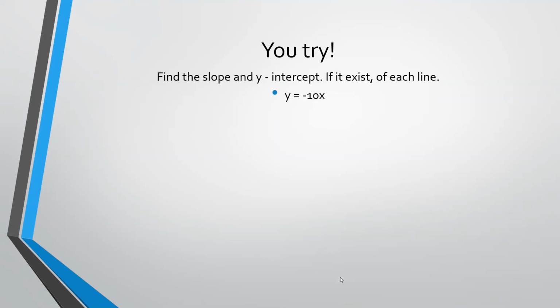Okay, now that we went over intercepts and the slope, now it's your turn. Find the slope and the y-intercept if it exists in each line. Write your answer in the chat box.